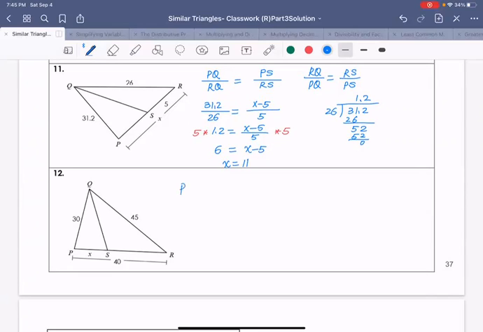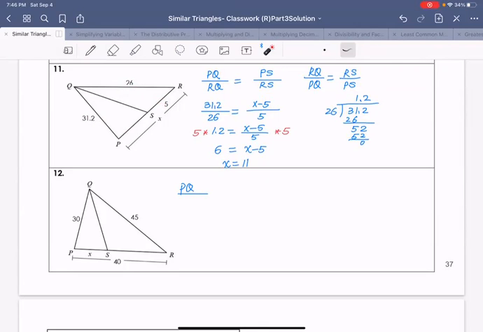PQ over, would it be QS over Q? Never mind. PQ over, you see, Q. This guy over this guy. This guy over this guy. This guy over this guy equals this guy over this guy. That's how we remember the formula.